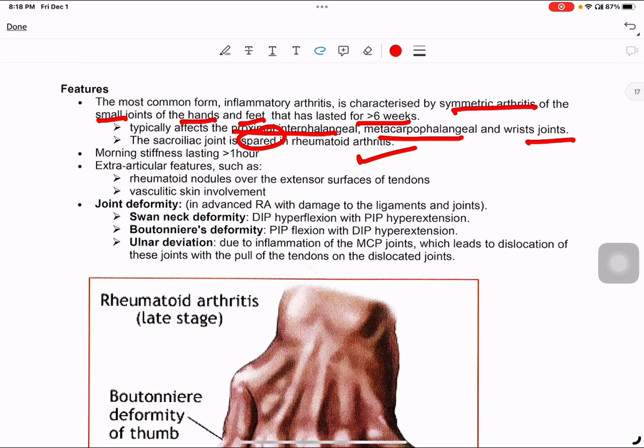Rheumatoid nodules over the extensor surface of the tendons are present. Vasculitic skin involvement is present in rheumatoid arthritis.